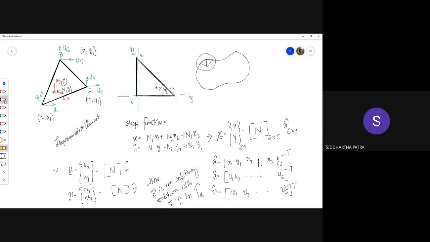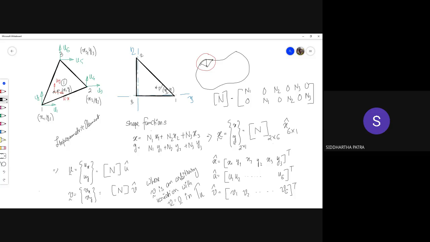So the N matrix, which looks like 2 cross 6, that means it is supposed to have 6 columns, but we only have 3 shape functions. So this is how it is going to look like. N1, 0, N2, 0, N3, 0, 0, N1, 0, N2, 0, N3.